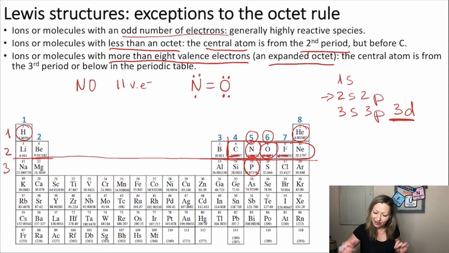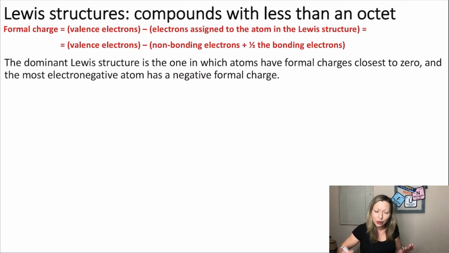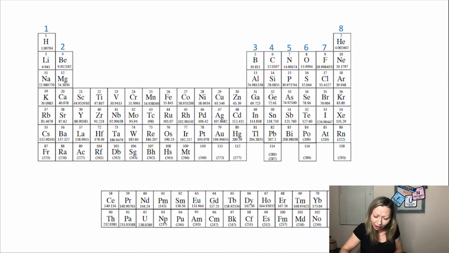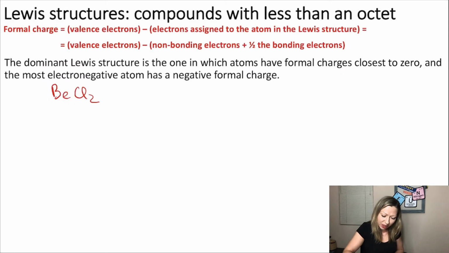Let's take a look at some examples, and let's use the formal charges to actually figure out which Lewis structure is more correct. Let's start with beryllium dichloride. So that is BeCl2. If you look at the periodic table, beryllium is right here, chlorine is right here. So we are going to have 2 and 7 valence electrons respectively.